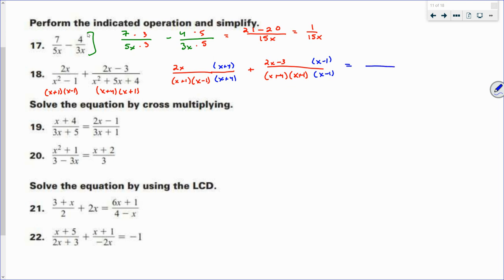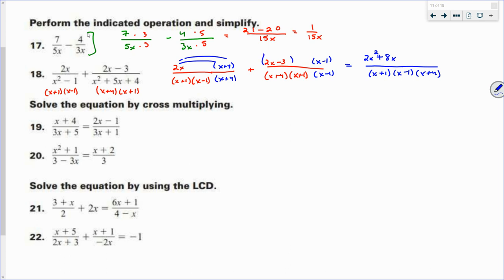What that allows us to do is know that our whole bottom is going to be x plus 1, x minus 1, x plus 4. Those are the three parentheses that match. Here is going to be 2x squared plus 8x.